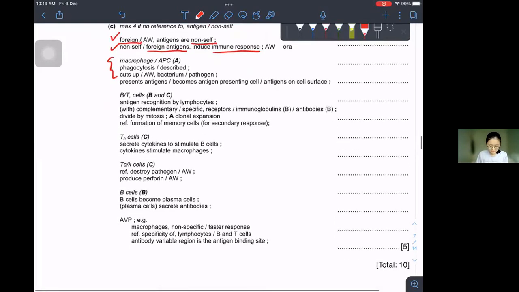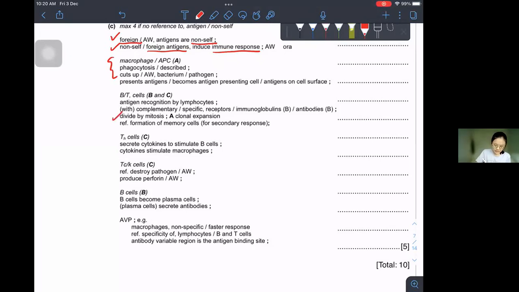And then after that, the B cell or T cell will recognize these antigens presented by the macrophages, and the specific B cell or T cell that has complementary receptors to these antigens will come and bind to the antigens, and this will lead to the next stage, which is clonal expansion of the B cell or T cell.